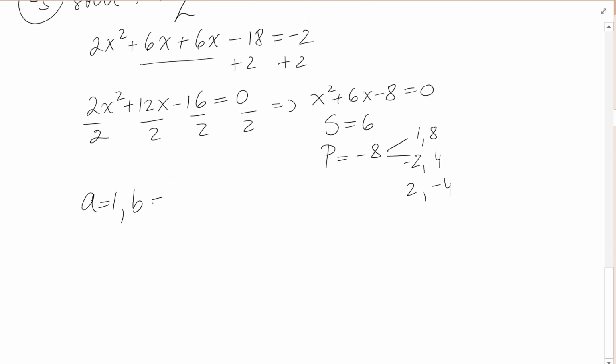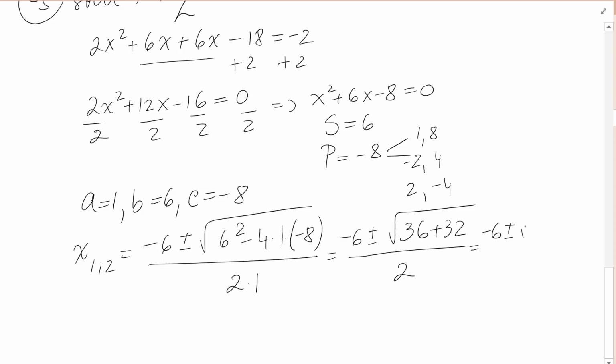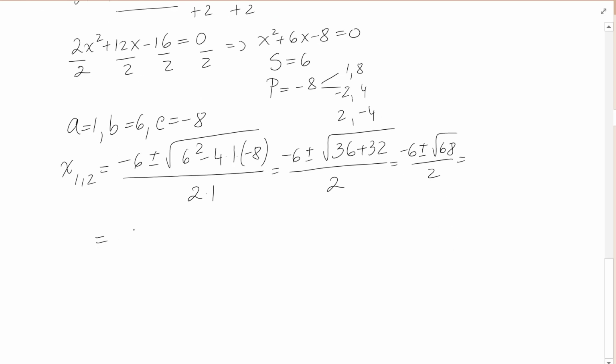So a equals 1, b equals 6, c equals negative 8. So x1,2 is negative b, negative 6 plus minus square root of b squared, so 6 squared, minus 4 times 1 times negative 8, everything over 2a. So we get negative 6 plus minus square root of 36 plus 32 over 2, so it's negative 6 plus minus square root of 68 over 2. 68 divided by 2 is 34, divided by 2 it's 17.